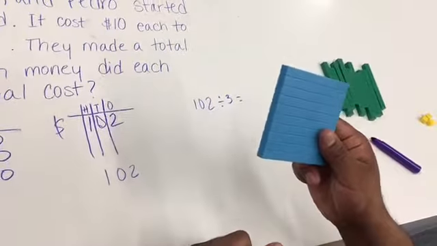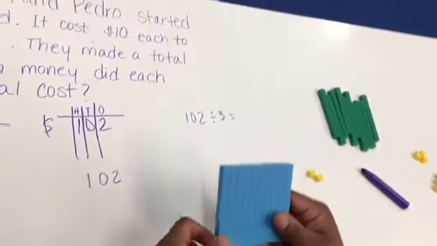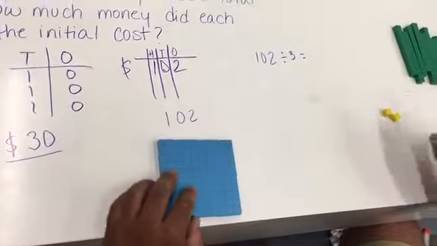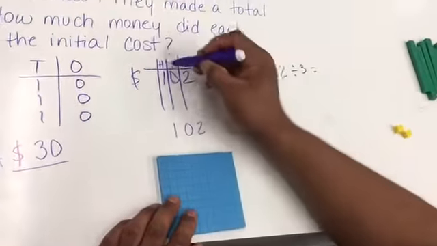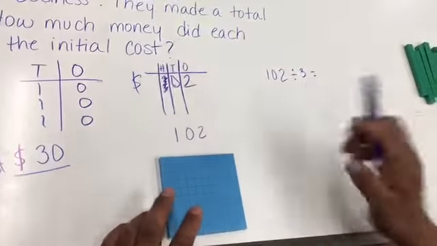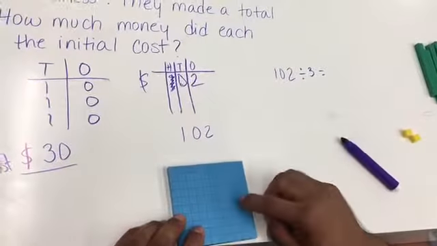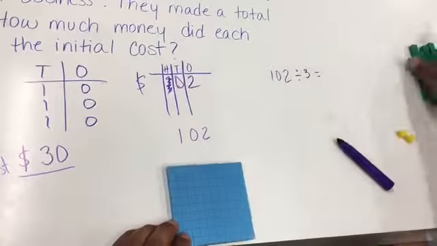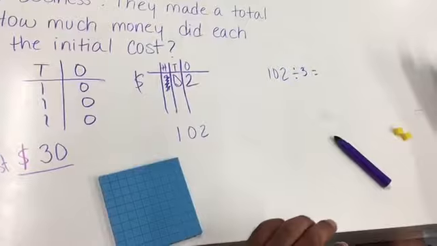So we're gonna do something here called regrouping. We're gonna replace our flat, our 100, and erase it here, for 10 rods of 10 units each.